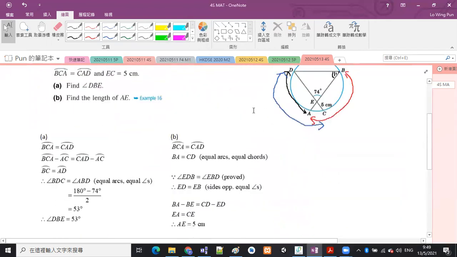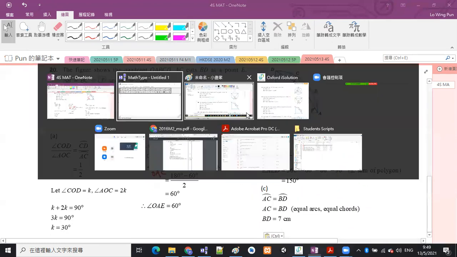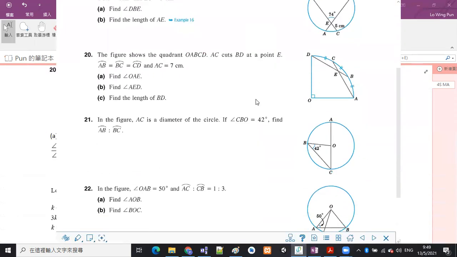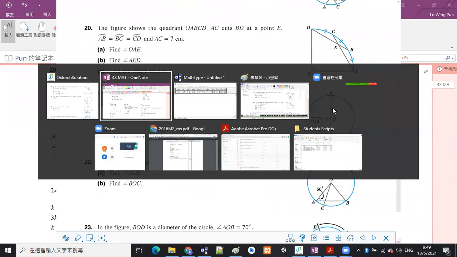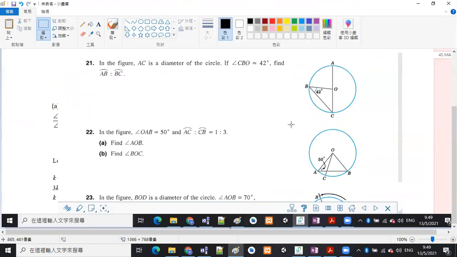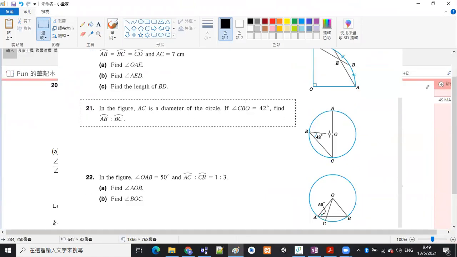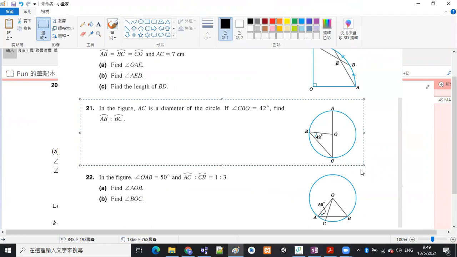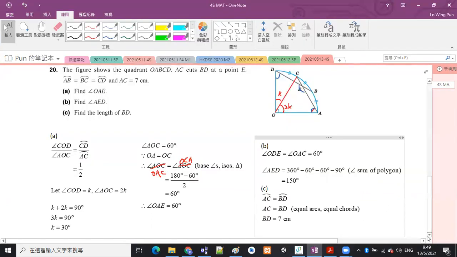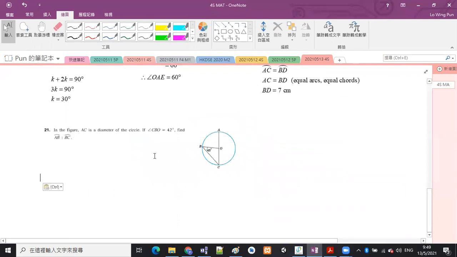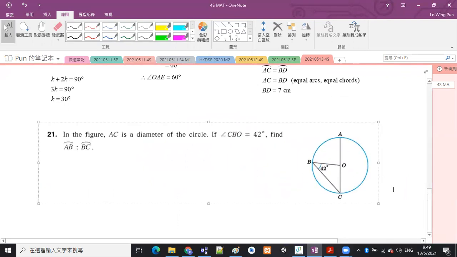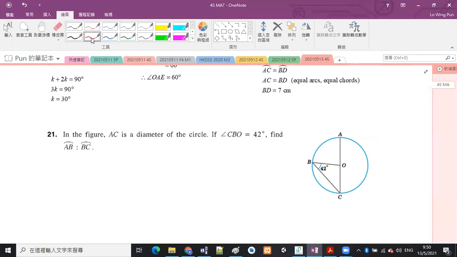So let us do one more. It's 21. In the figure, AC is a diameter. CBO is 42 degrees. I want to find the ratio of arc AB to arc BC.